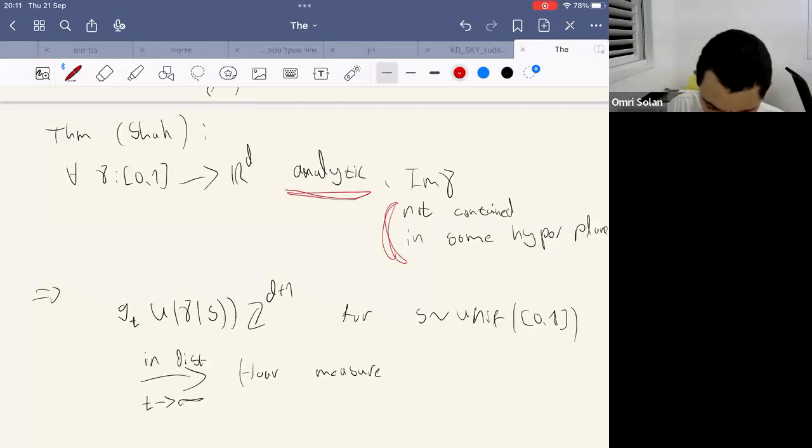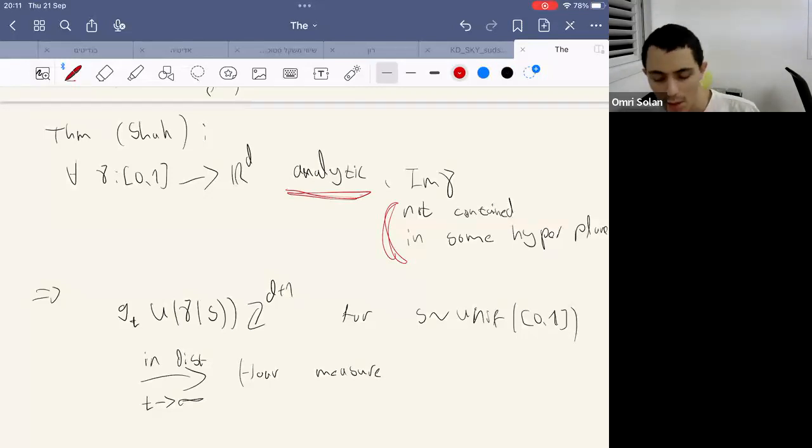The analyticity Shah and Peng-Yu Yang relaxed to only being twice differentiable, and the condition of not being contained in some hyperplane can also be relaxed.